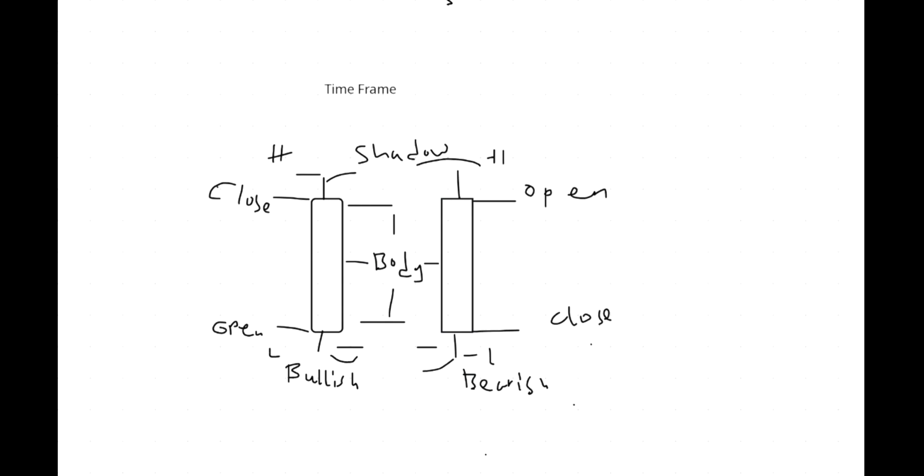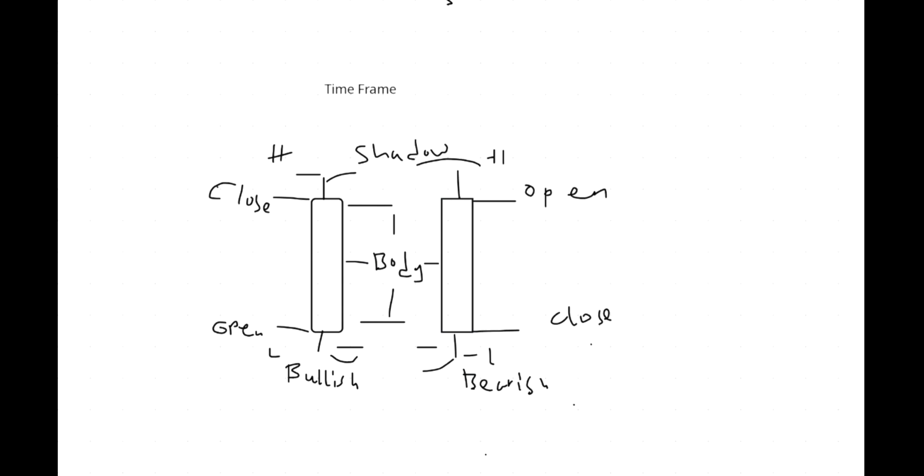The distance between the open and the low gives you the other wick of the candlestick. Then if you come to the bearish, the distance between open and high gives you the wick or the shadow, and the distance between the close and the low gives you the wick or the shadow of that candlestick.